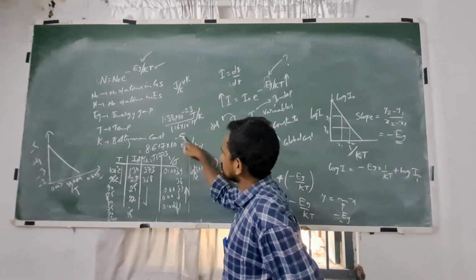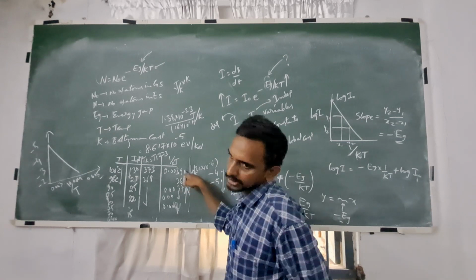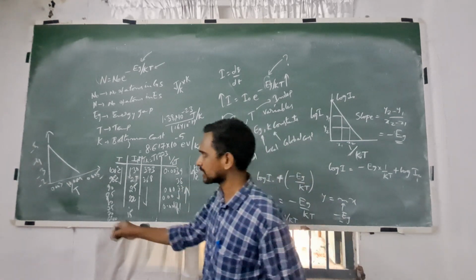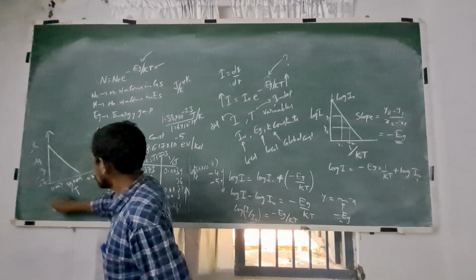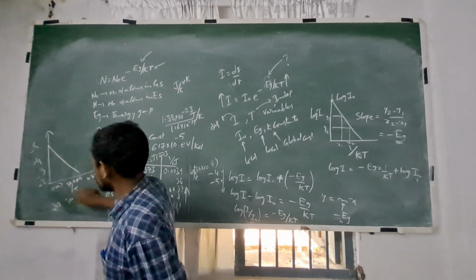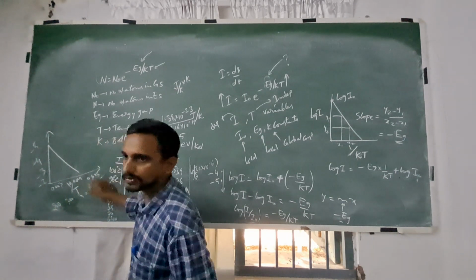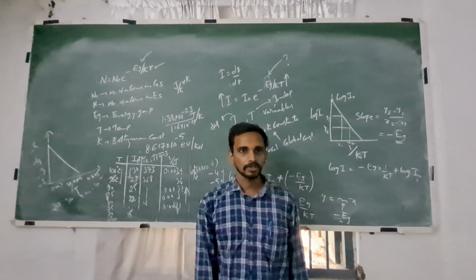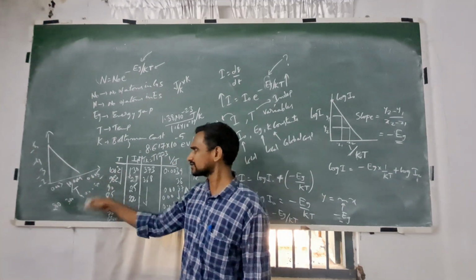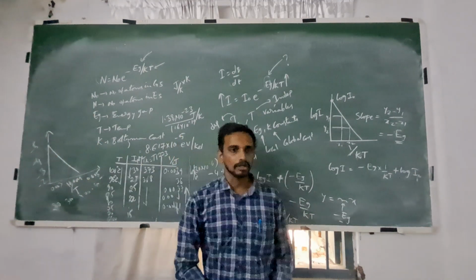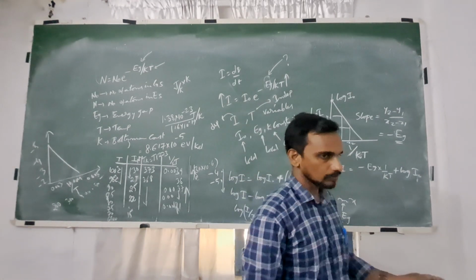So multiplying by 10 power plus 5, you will get this in hundreds. Maybe 200, 300, 400 it goes. So the 1 by kT value comes in hundreds, and log I gives negative numbers.